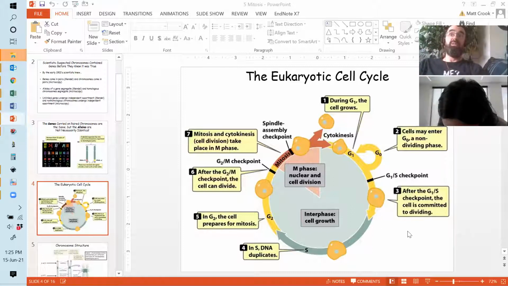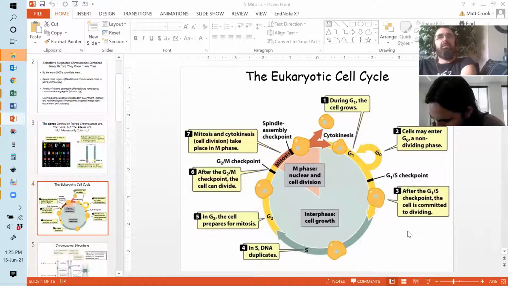Right, because this process takes a lot of energy. Copying all of your DNA and all of the proteins needed to do everything takes a lot of energy. And if you don't make it all the way through and you get stuck as a cell, then you die, right? Because you can't have a half divided cell hanging around. It will be told quite politely to kill itself through apoptosis.